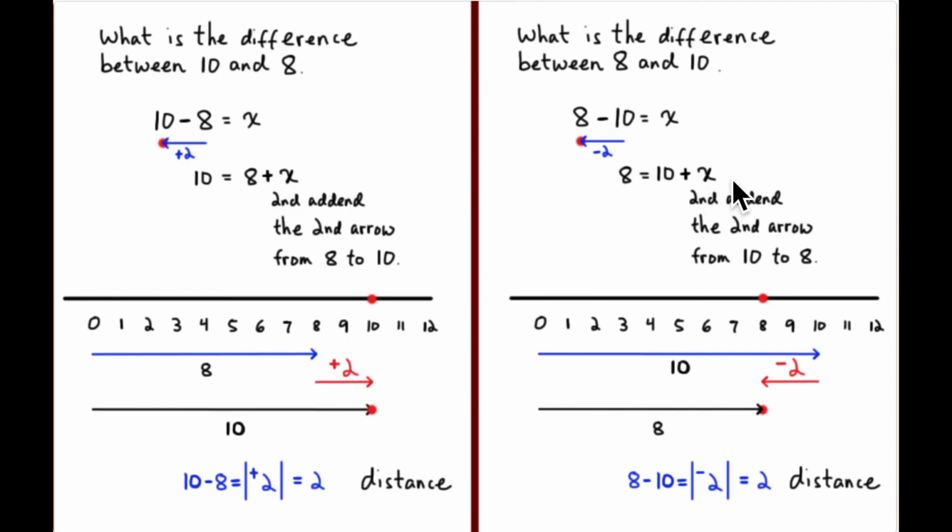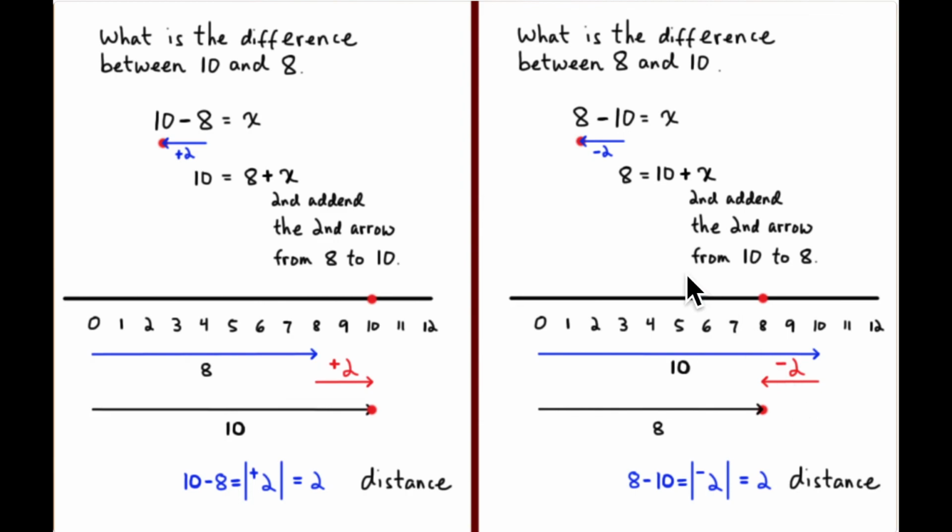And so with a little bit more practice, you'll see that x has to be a negative 2. So the second addend is the second arrow in this case, moving from 10 to 8. The first arrow goes to 10, the second arrow goes from that 10 to 8. So it goes in a negative direction, so the answer is going to be negative, and it's 2 units. So it's a negative 2.